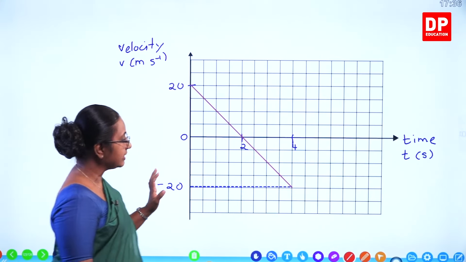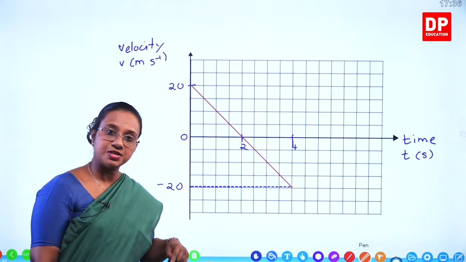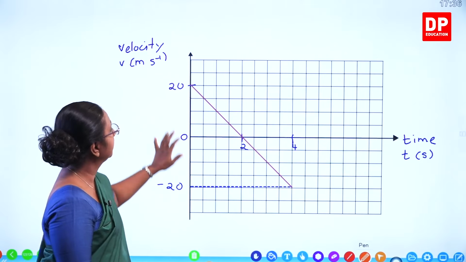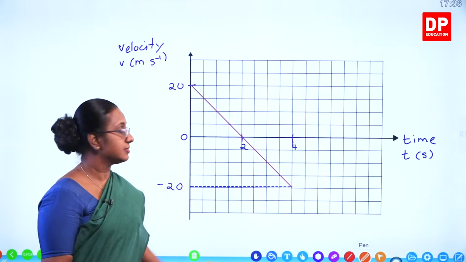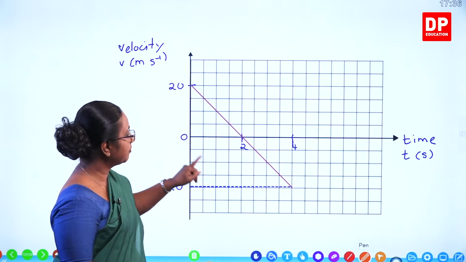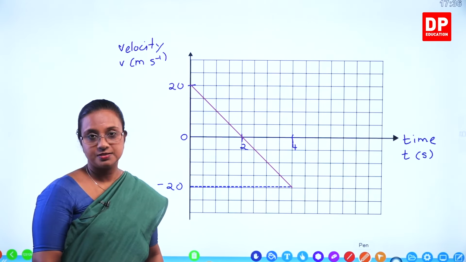So here you can see, since this ball goes up and comes down, we have the graph in the positive and negative parts of the y-axis. One direction going upwards, the opposite direction, the ball coming downwards.